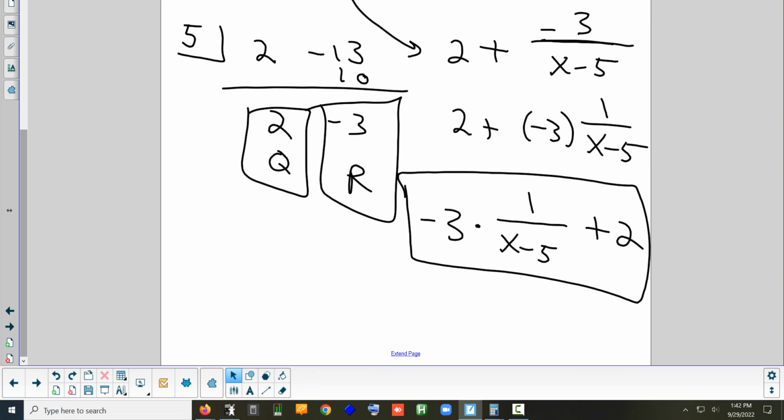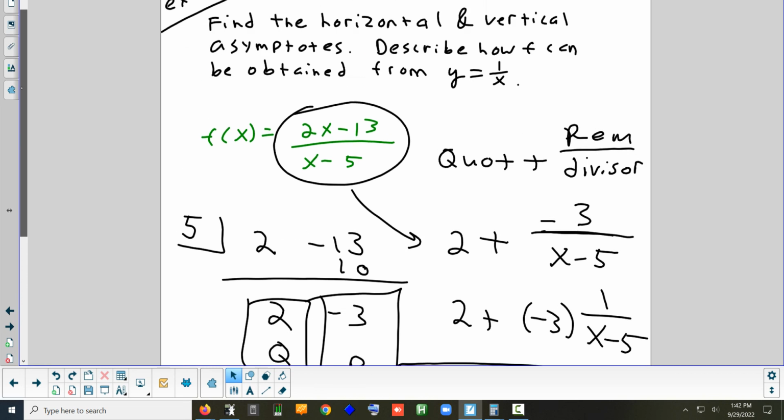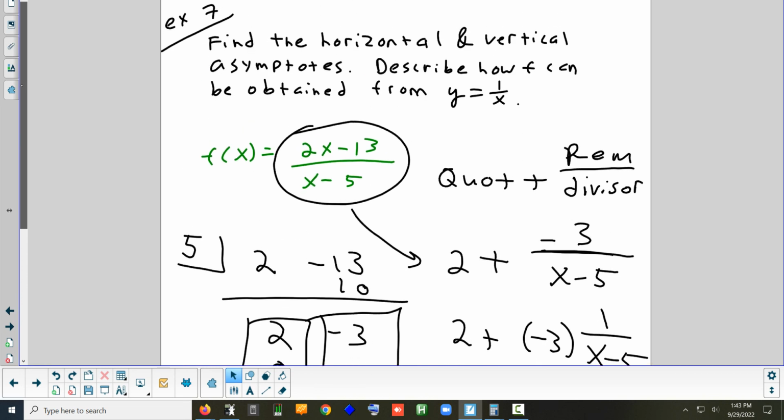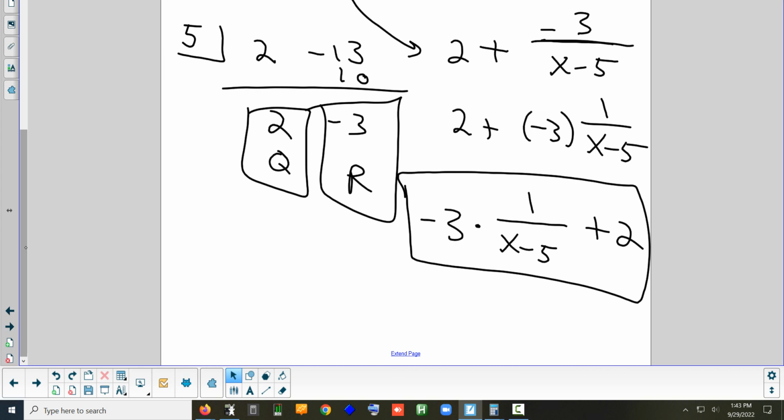There's your equation. So the first thing says describe, well, we'll describe the transformation, then we'll do the asymptotes. Start with the negative 5. What would the negative 5 do to that graph? Negative is going to bring it to the right. Yeah.